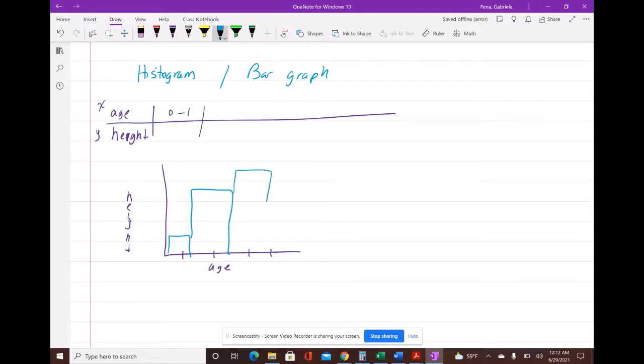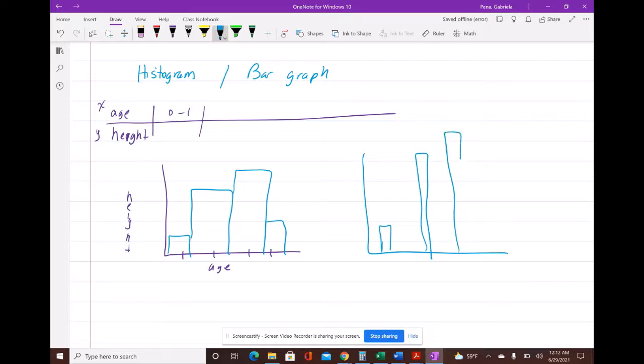Now, look at this. And then look at this. Biggest thing, for a histogram, no space.